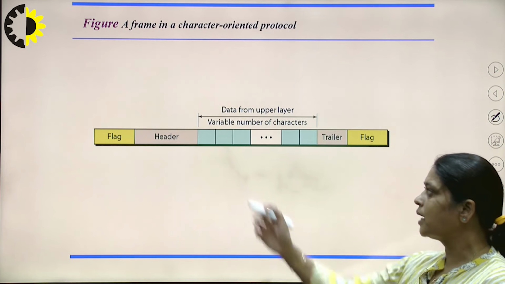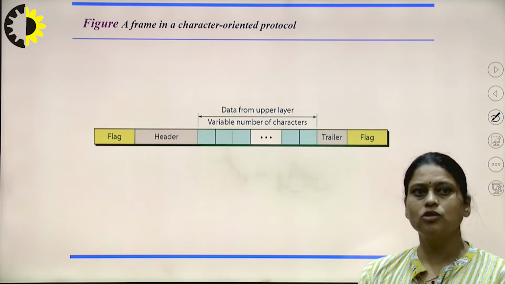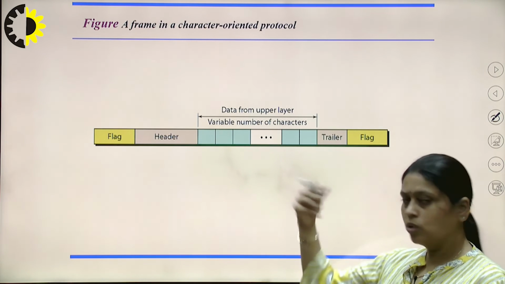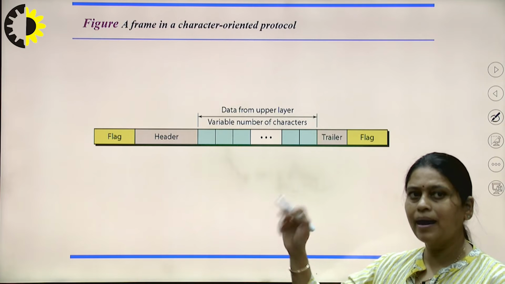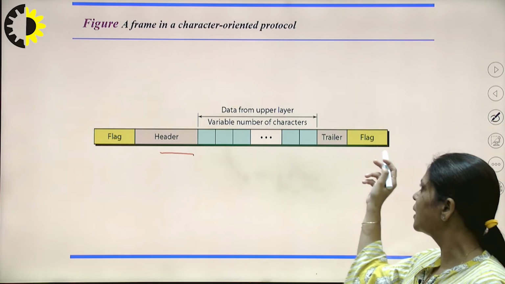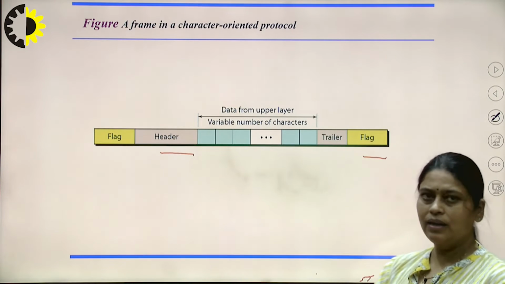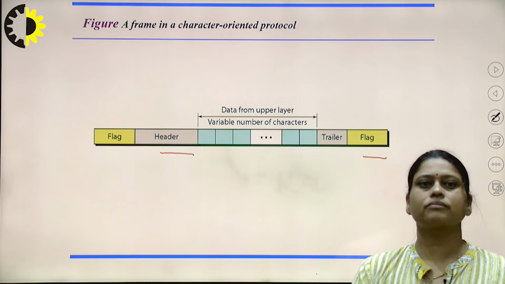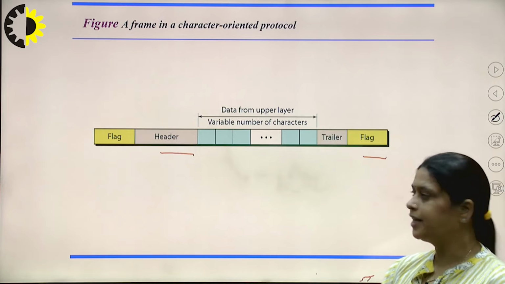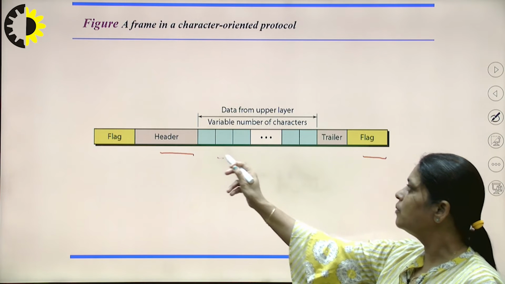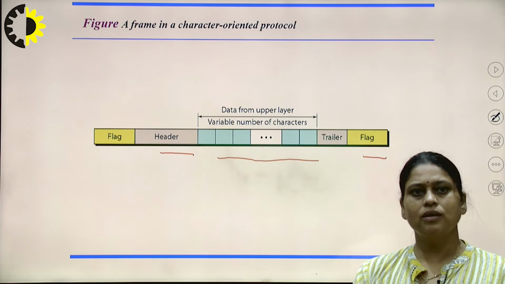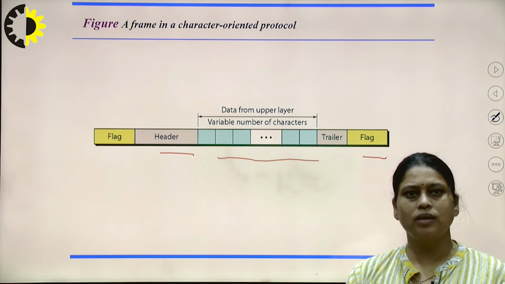When we have to send the data from source to destination, we have to send 2 things. One is the data part and the second one is the header part. The flag field is used with the header and your data part, and the data may be a variable number of characters, which may be transferred from source to destination.